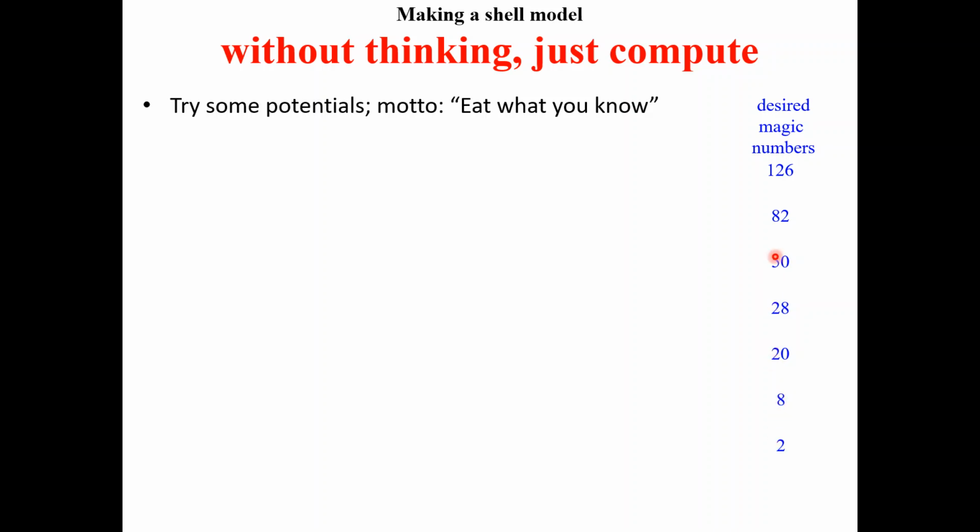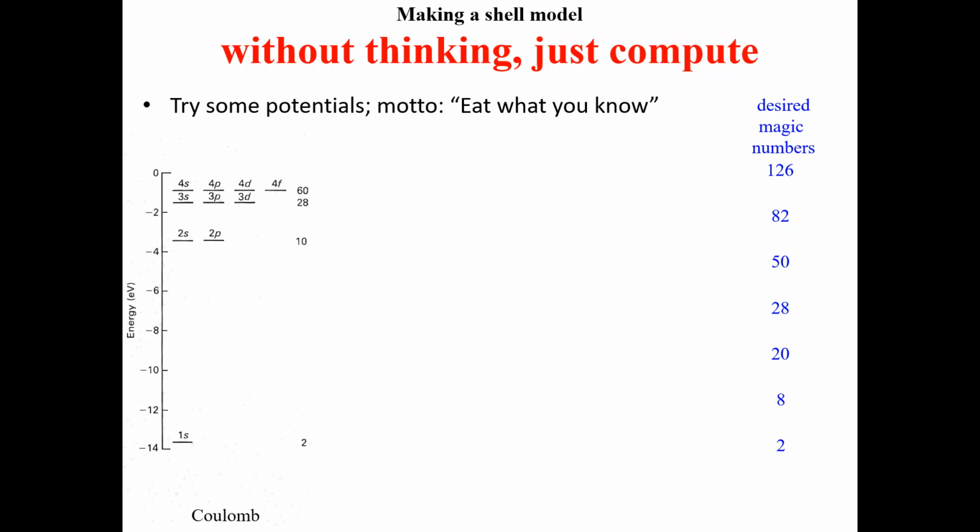With these numbers, the nuclei are relatively stable. So just now we're trying, without deep knowledge, without thinking, to put our knowledge into account and see what we can get.